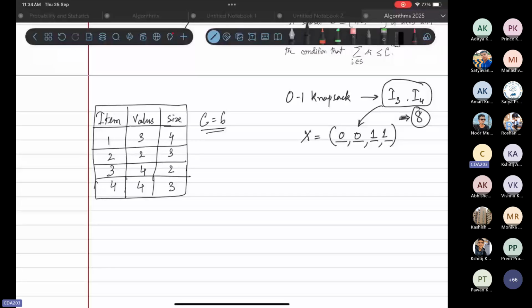Understand? Yes. And what is the value of this? Value of this is 8. So the solution of 0, 1 knapsack is always a solution of the fractional knapsack.